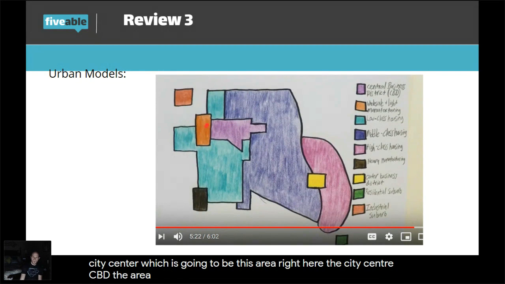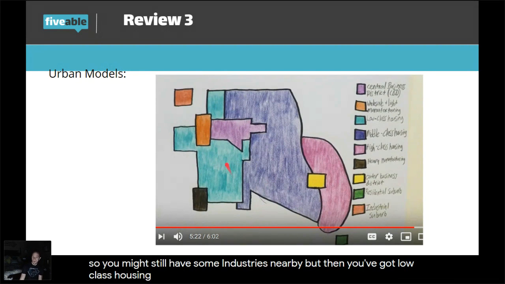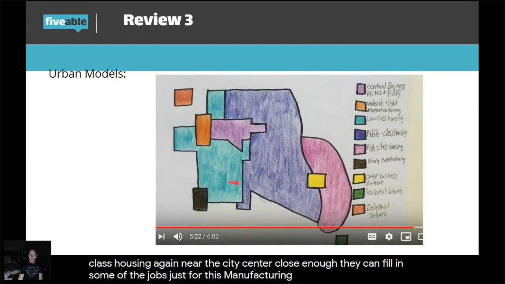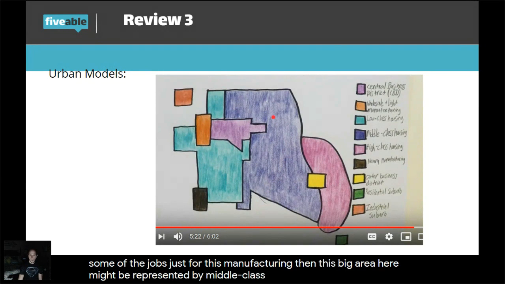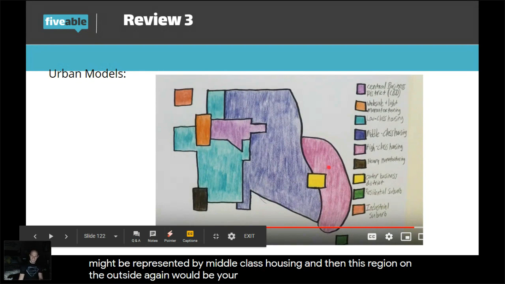The area right here would be your wholesale light manufacturing, so you might still have some industries nearby, but then you've got low-class housing, again, near the city center, close enough they can fill in some of the jobs for this manufacturing. Then this big area here might be represented by middle-class housing, and then this region on the outside would be your upper-class housing.